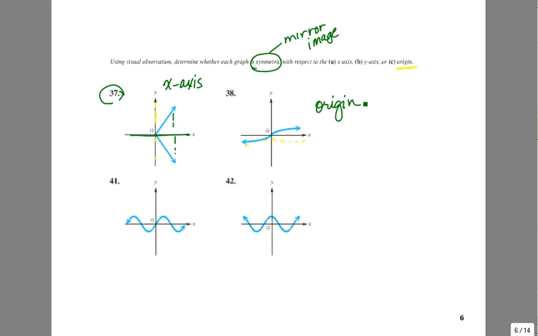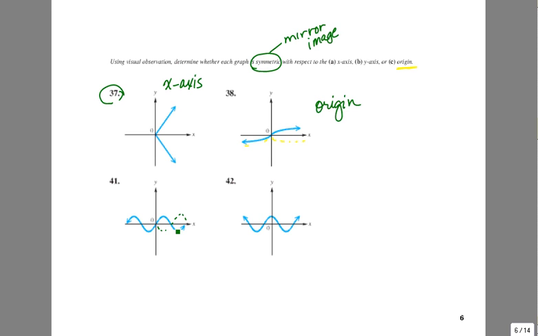I'm messing up these graphs, so whenever you print this, it won't look good, so let me erase that there. Now, let's look at number 41. Is it symmetric with respect to the x-axis, y-axis, or origin? Well, the x-axis would mean if you folded it down, notice what you would see. You would see this piece down here and this piece up here, which are not mirror images of each other.